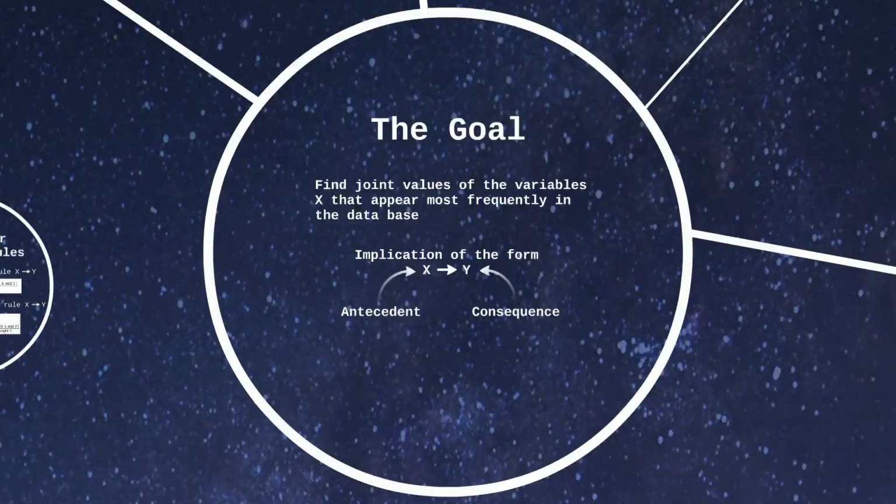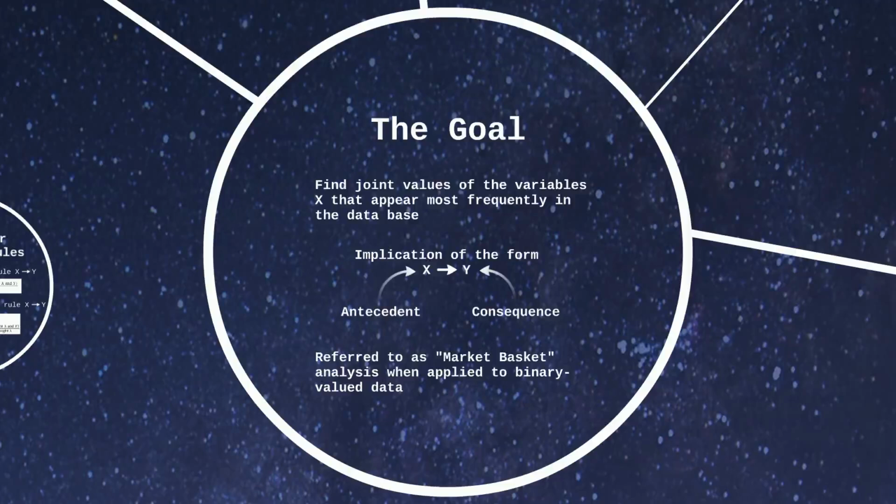This is most often applied to binary value data, where it is referred to as market basket analysis. In this context, the observations are going to be like sales transactions, such as those occurring at the checkout counter of a store, and we want to find the dependency between two transactions, X and Y. This information can be quite useful for stocking shelves, cross-marketing sales promotions, catalog design, and consumer segmentation based on these buying patterns.